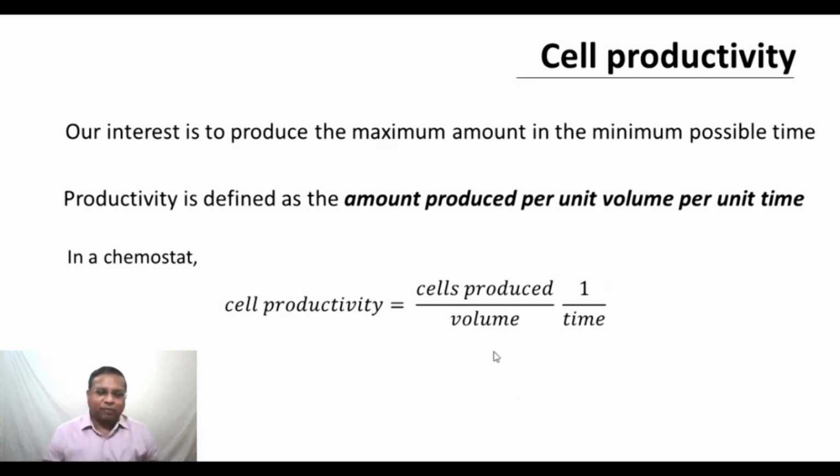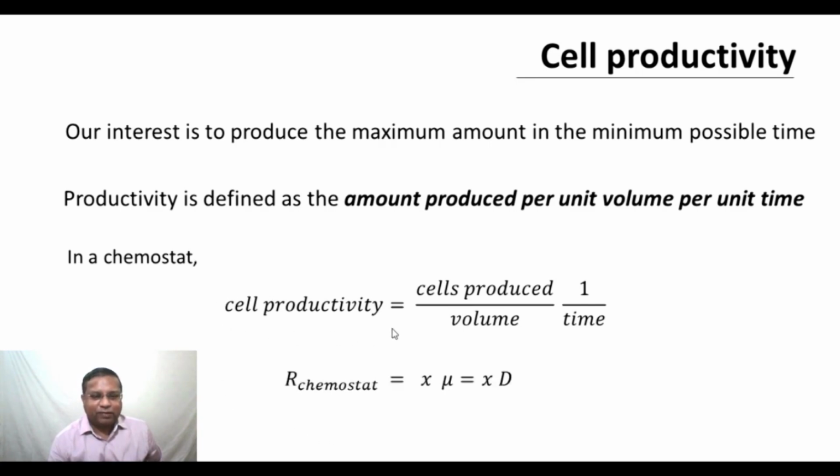Even otherwise, if the cells are producing a product, we would also like to maximize the cell productivity, because that would directly translate to an increase in production of the molecule inside the cell. More the number of factories, more the product of interest too. Therefore, we are looking at cells themselves.